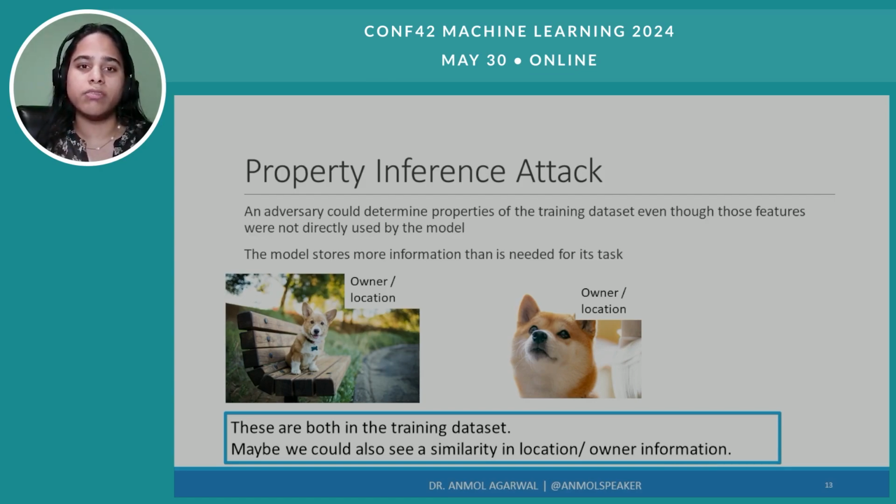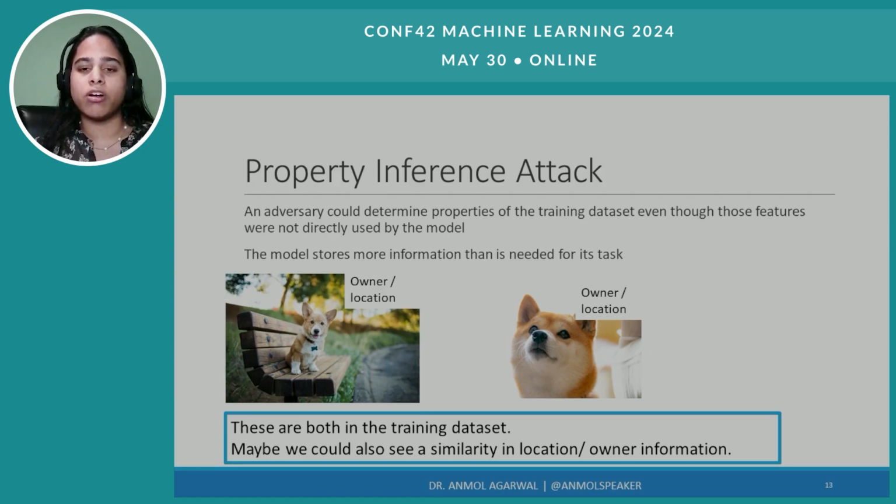If you look on the slide, let's just say we have a machine learning model that is trying to determine whether an image is a dog or not. And let's just say that our data set also includes owner information and location information. And maybe we find out that both of these images are in the training data set. And maybe from that we can also infer other properties of the data, like location or owner information. Maybe all of these images were taken in a specific neighborhood, specific country. And so from this, we can infer properties of the training dataset.